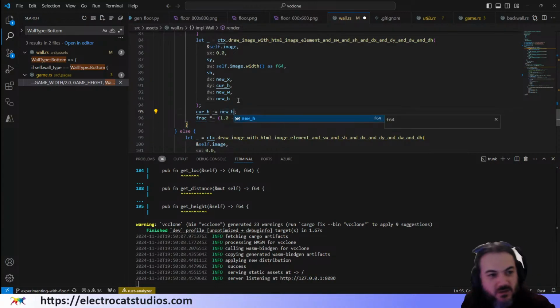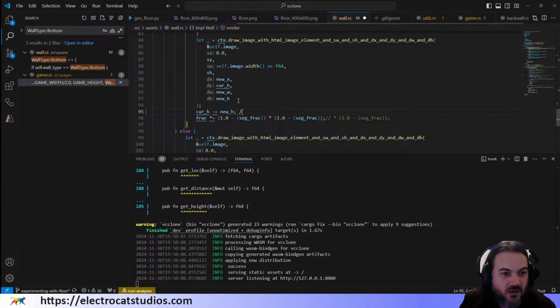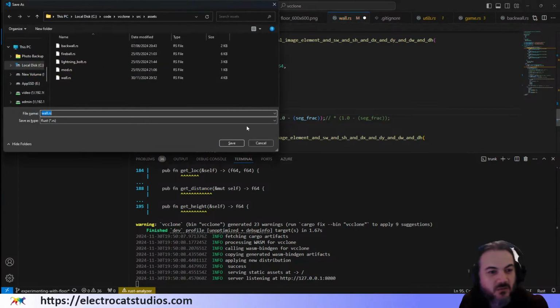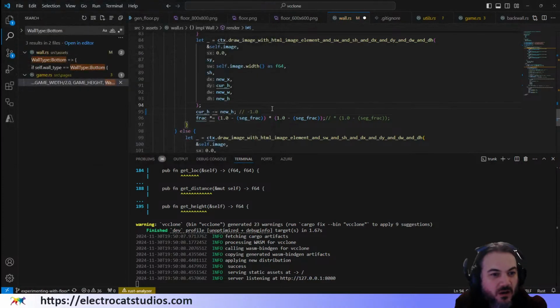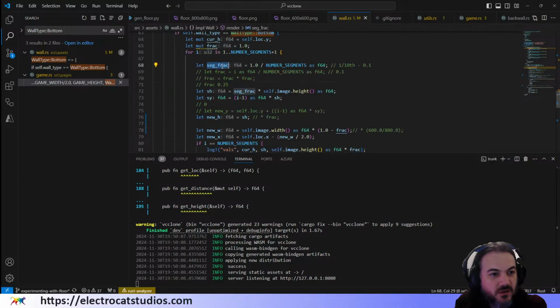I don't know why there's a -1 on there. I think, again, that could be where some of these errors came in. And then the fraction should be based on this.